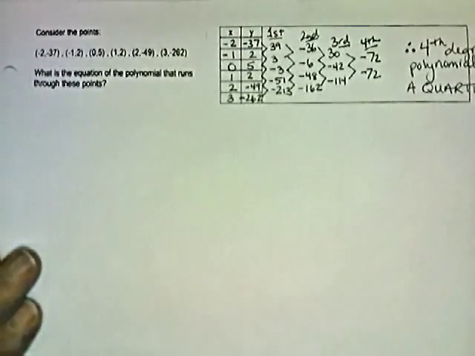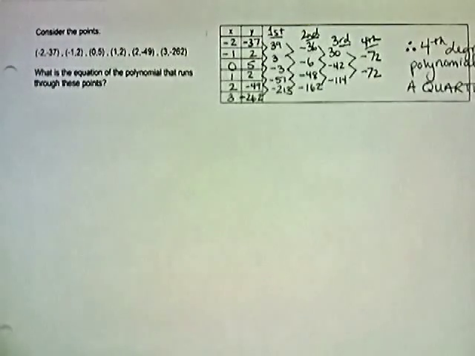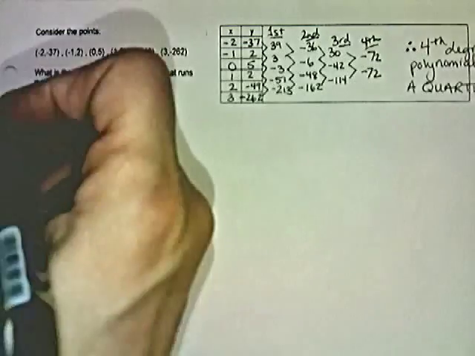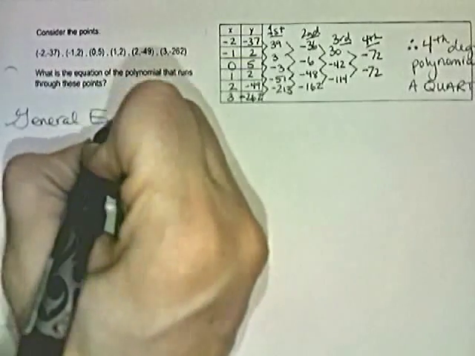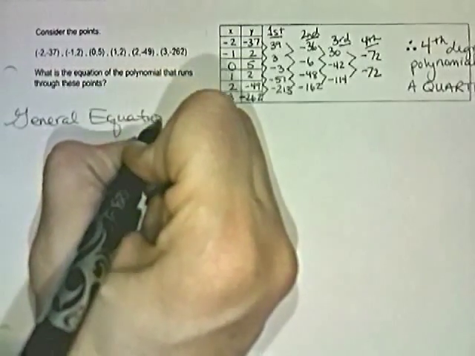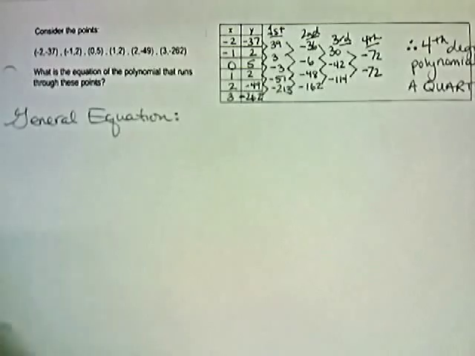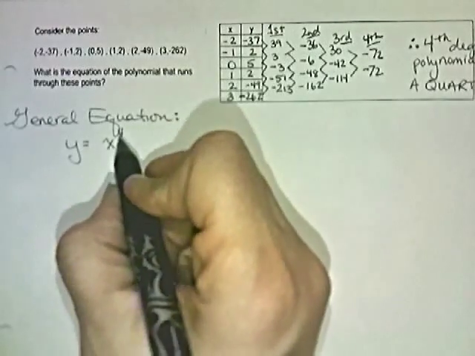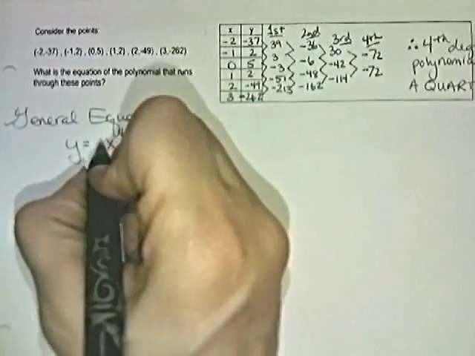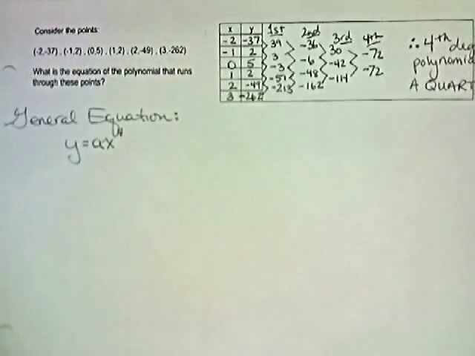So what I then do is I start building a framework for that quartic polynomial. And I start with a general equation. So the general equation of a 4th degree polynomial, and I'm going to use equation form, so y equals, now I would have the highest term to be an x to the exponent 4, but I can have a coefficient in front of there and I don't know what it is yet. So we have a placeholder, let's just call it a.